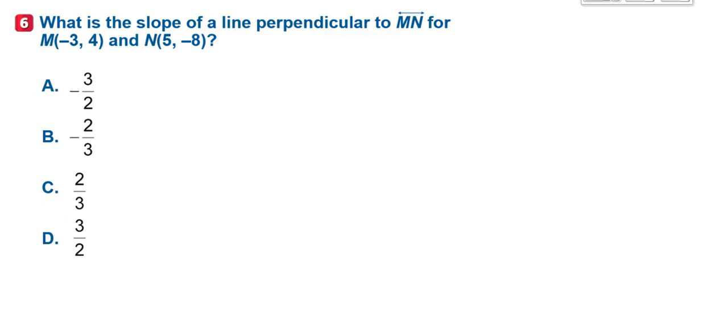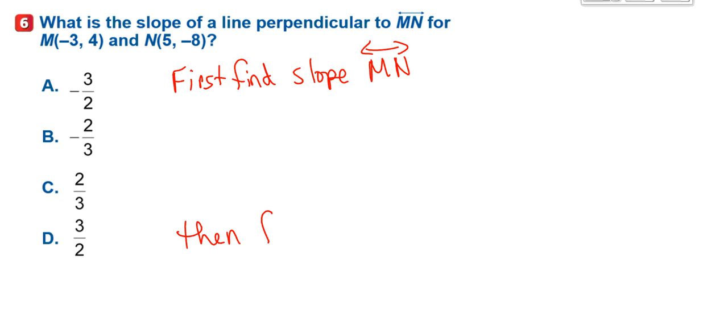Last problem, what is the slope of the line perpendicular to MN for those 2 points? So what I'm going to do is I'm going to first find the slope of line MN, then find the perpendicular slope. And so let's just find this slope to begin with.